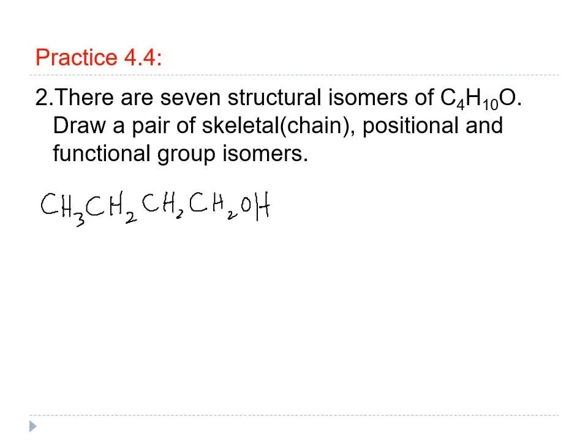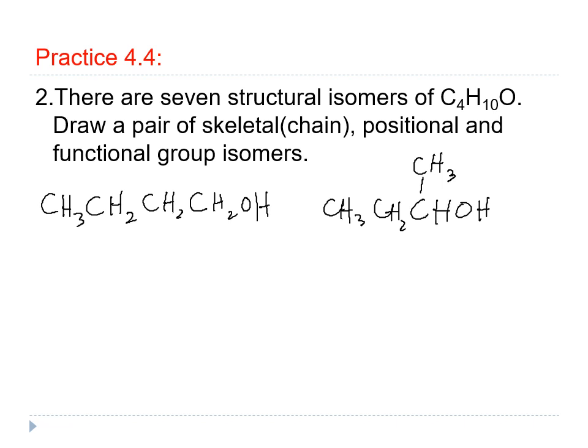So butanol, the skeletal or the chain isomerism would be CH3, CH2, and then maybe we would like to put the CH2 over here, and then the functional group is here, and another H should be here.